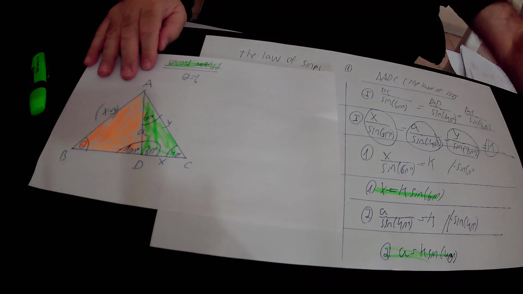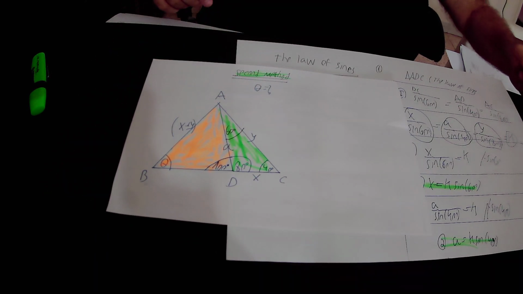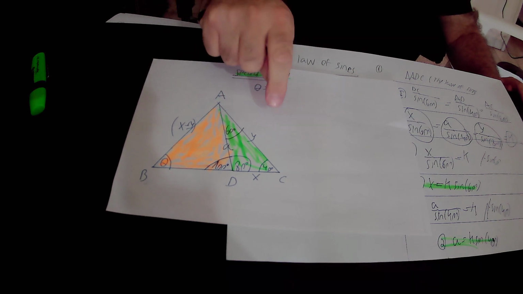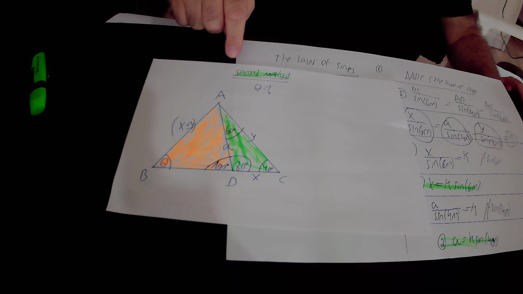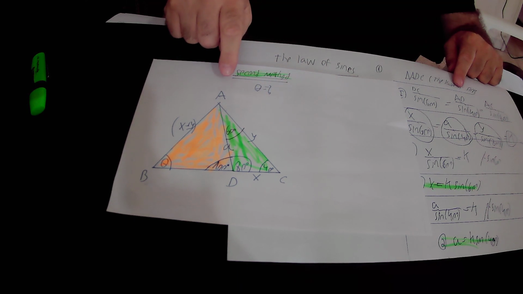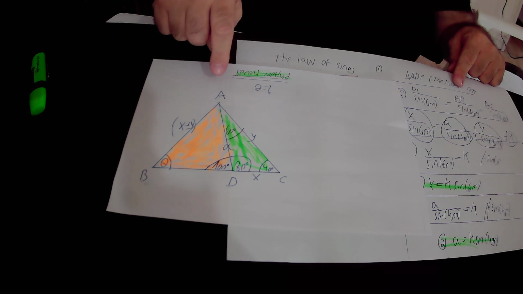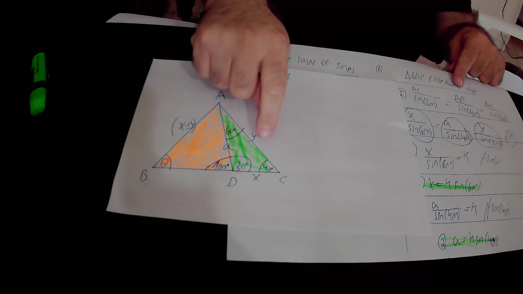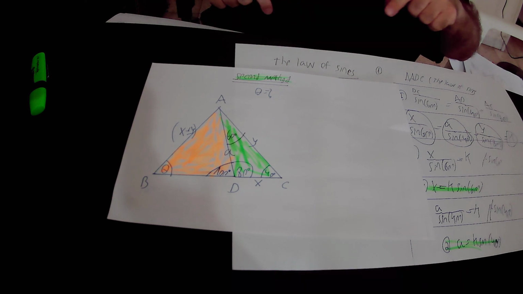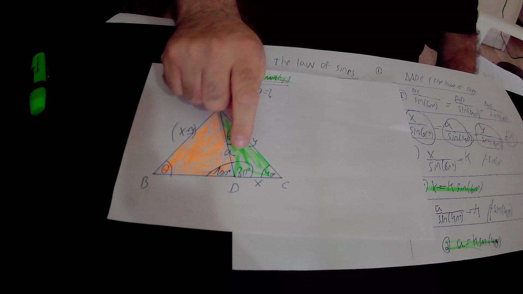According to the law of sines in this triangle, we get DC over sine 60 degrees equals AD over sine 40 degrees equals AC over sine 80 degrees. DC equals x, AC equals y, and AD equals a.